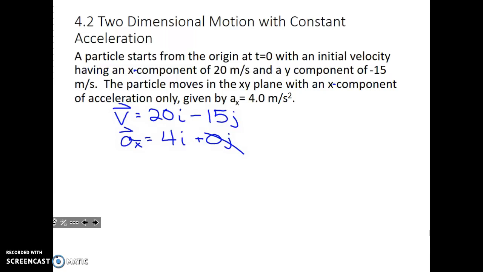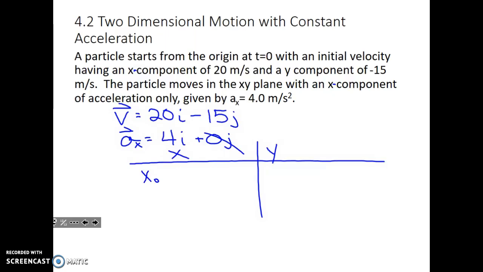Now, in the book, it has the questions. I apologize for not having those. But it basically asks for the final velocity in terms of time. So give me a function in terms of time. What I do is I break it up into x's and y's. It says there's acceleration in the x, but we can do it either way.